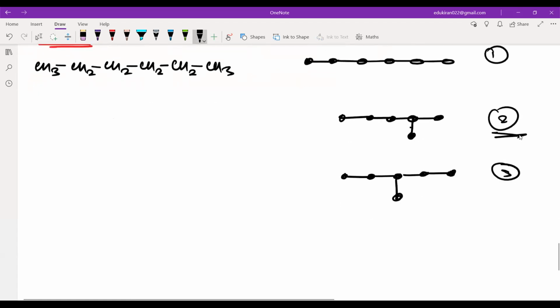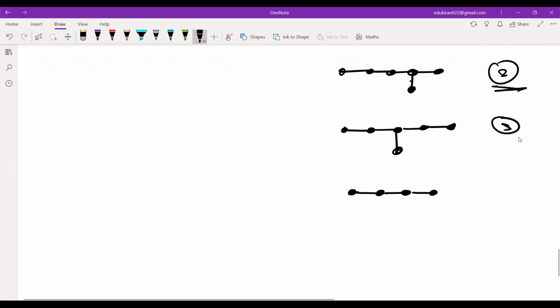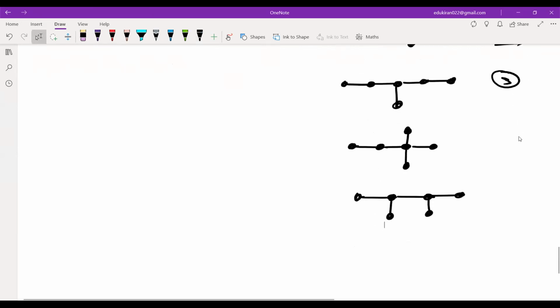Now we can reduce further more, right? We will write 1, 2, 3, and 4. So 3 bonds. Here we have 3 bonds. What we can do, we can have both 5 and 6 carbon atom on the same carbon, or we can also have one carbon atom here and the other carbon atom here. Okay. Now, what else?